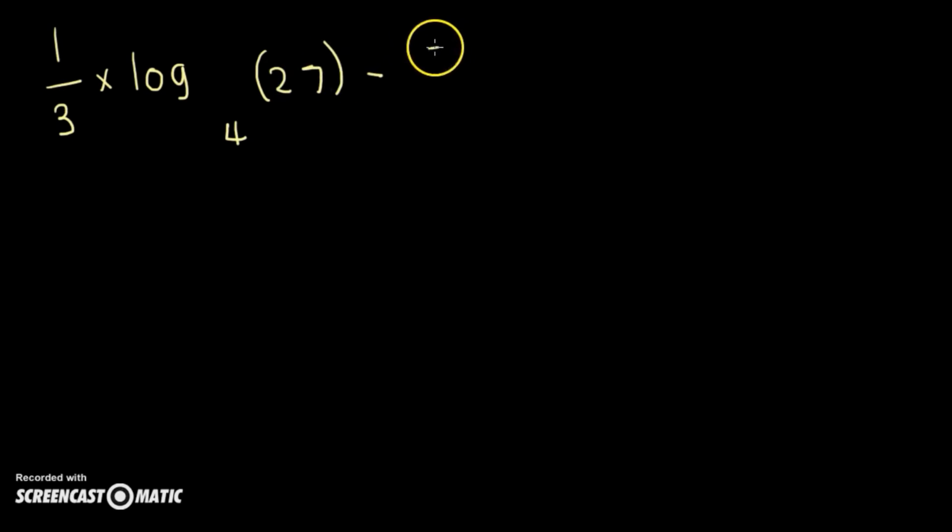And let's look at another question. A third times log to the base 4 of 27 minus 5 times log to the base 4 of 2.